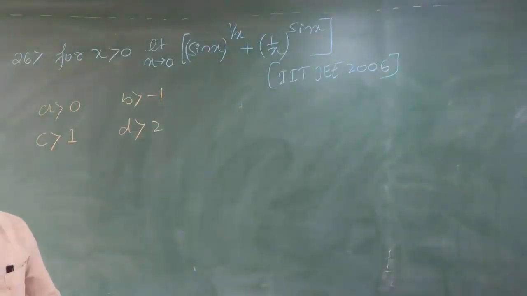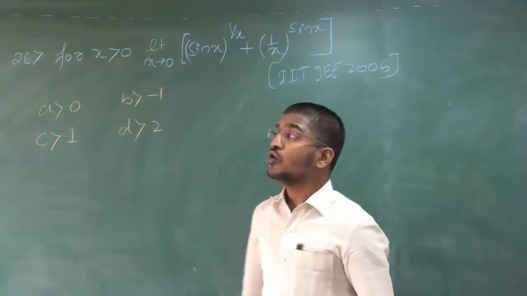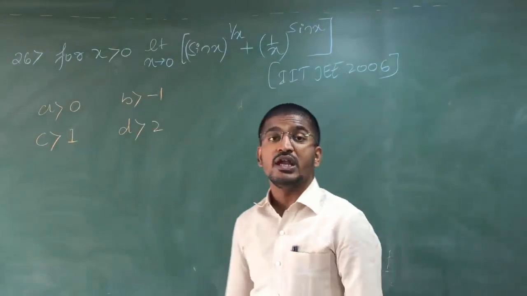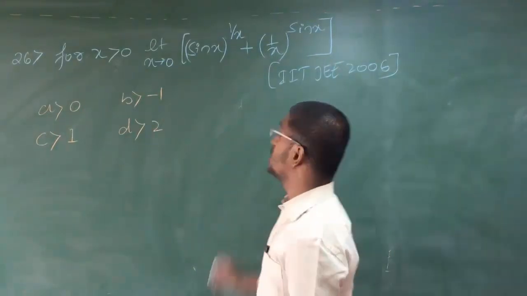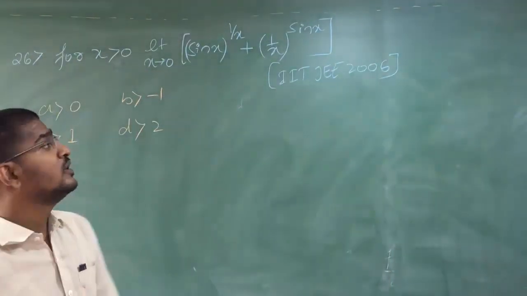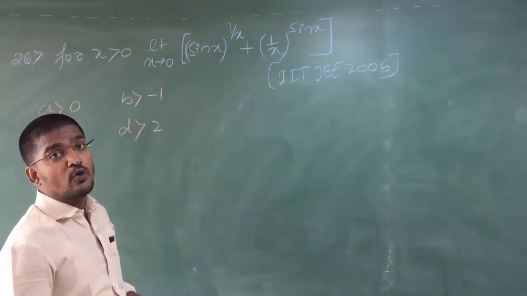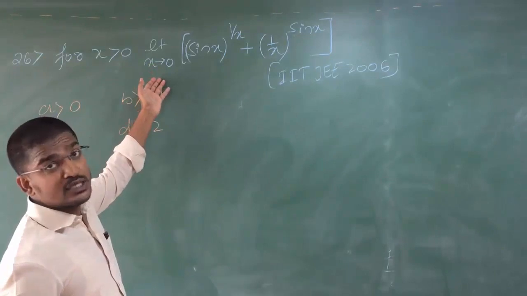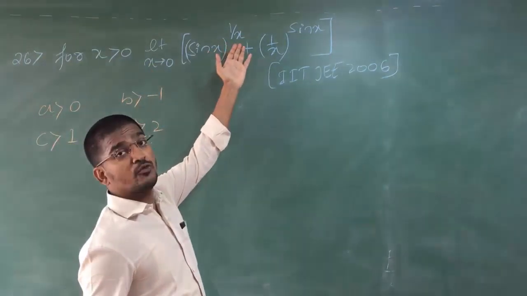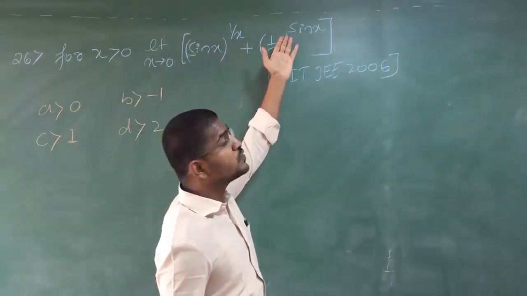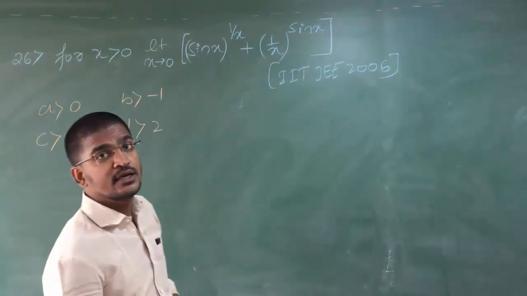Okay students, now let us go for question number 26. This was asked in 2006 IIT exam. For x greater than 0, that means for x positive, limit x tending to 0, sin x to the power of 1 by x plus 1 by x to the power of sin x.